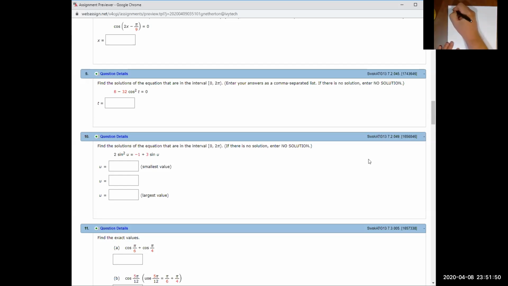So 9 is 8 minus 32 cosine squared of t. It says, once again, t should be between 0 and 2 pi.